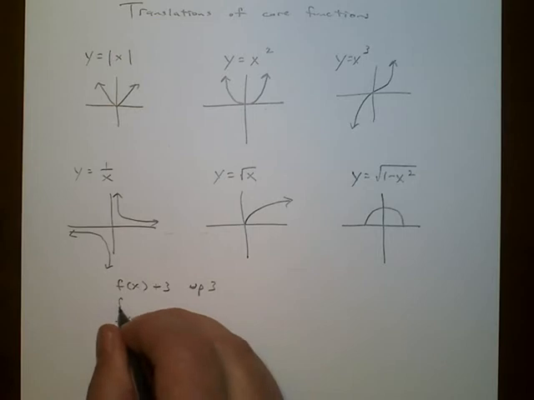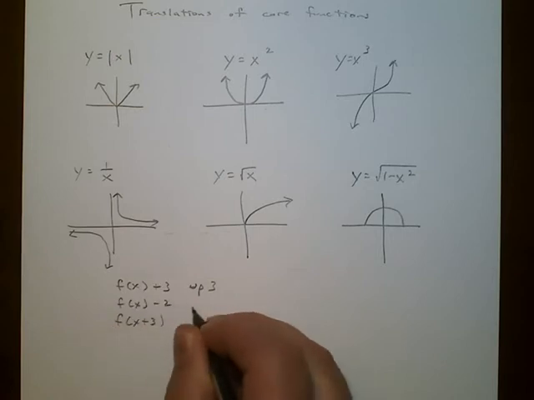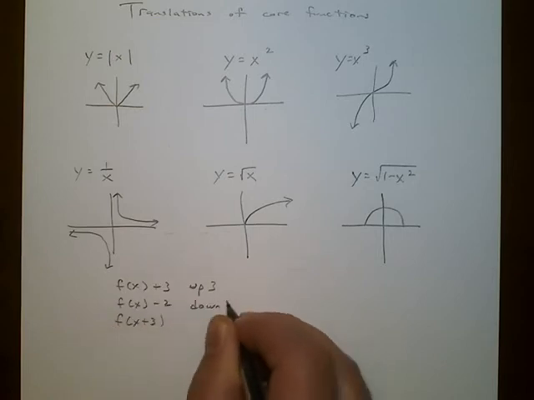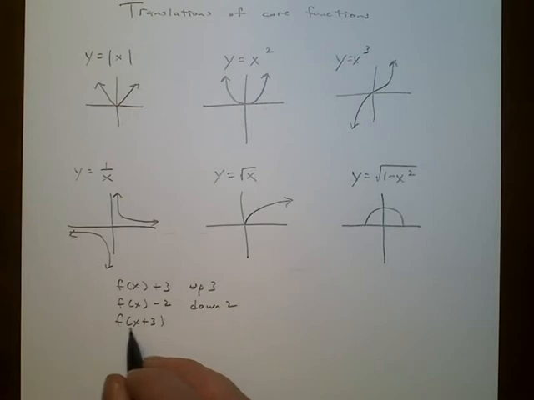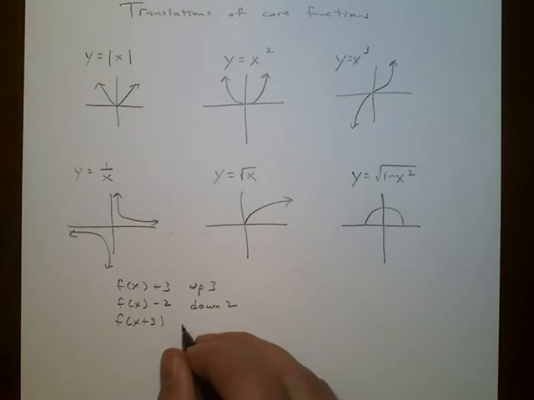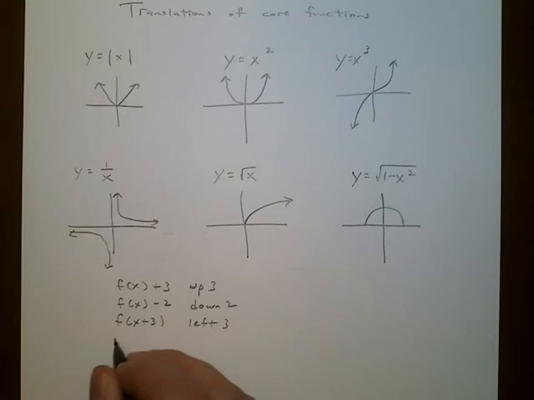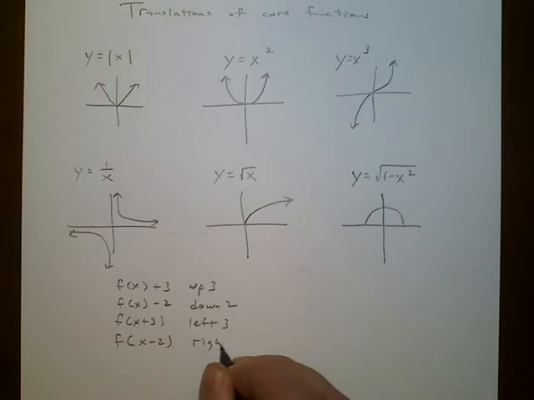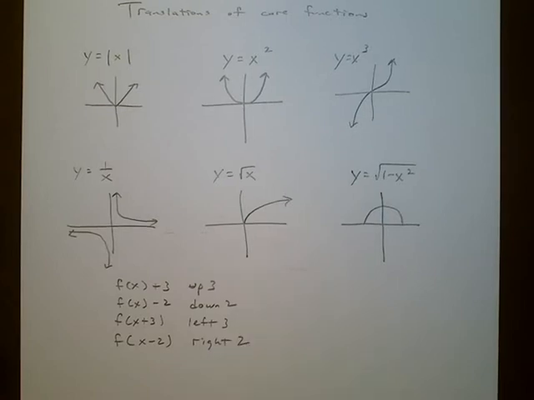So if we had something like f of x minus 2, that's going to move the function down 2. If we add f of x plus 3 with the plus 3 internal, that's going to be a horizontal shift, and that's going to shift it the opposite of what the sign is. So that's going to move it to the left 3. If we had f of x minus 2, that's going to move the function to the right 2.